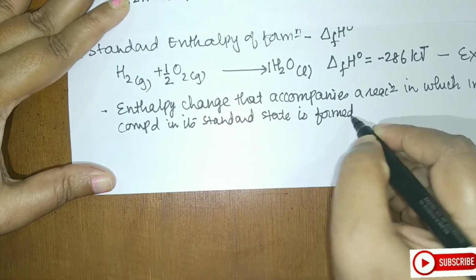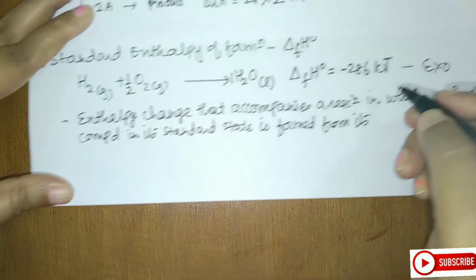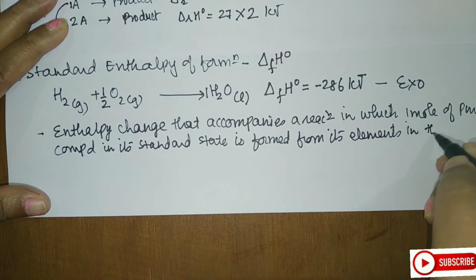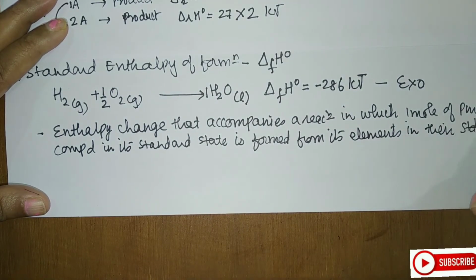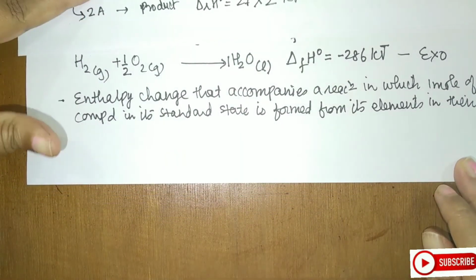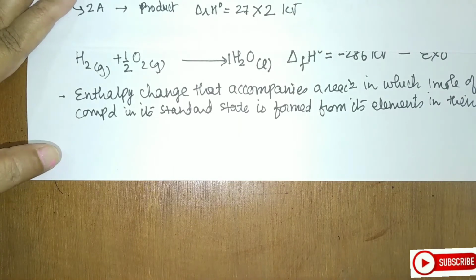How is it formed? It is formed from its elements in their standard state. So this is the definition for the enthalpy change that we call the standard enthalpy of formation.